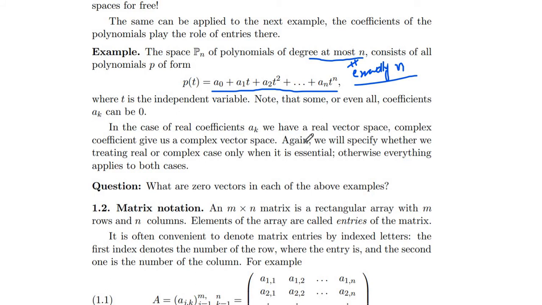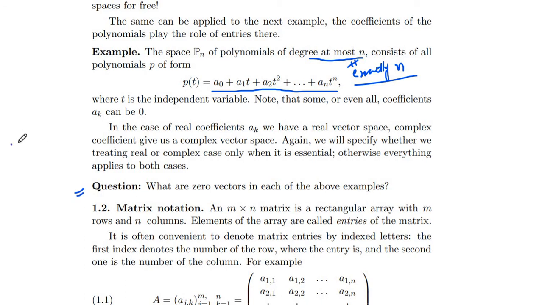Again, if this a0, a1 and so on are real numbers, then that's a real polynomial, otherwise it's not a real polynomial. And now the question is, what are the zero vectors in each of these examples?